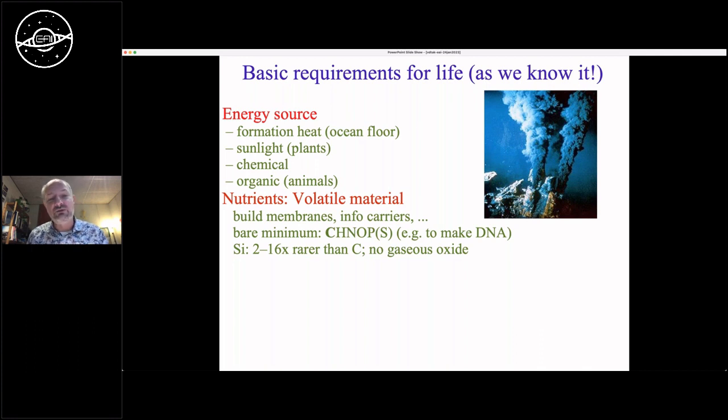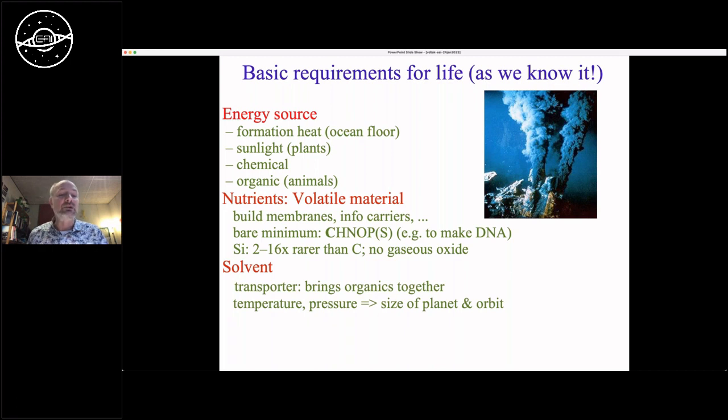But it's not very rare, so from that point of view, that could be possible. The problem, I think, with silicon is that its oxide is not gaseous. If you oxidize your silicon, you get basically sand, silicates, and that's not a gas. So you lock it up in solid material, and you can't use it any further. So I think that's the main problem with silicon-based life.